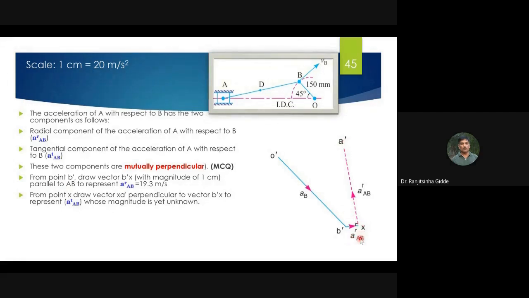We have calculated this value and drawn it as per the procedure. One is parallel, that is ARAB, and the other one is perpendicular. Consider only one link at a time.